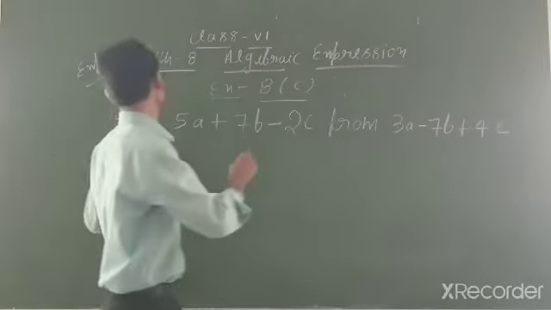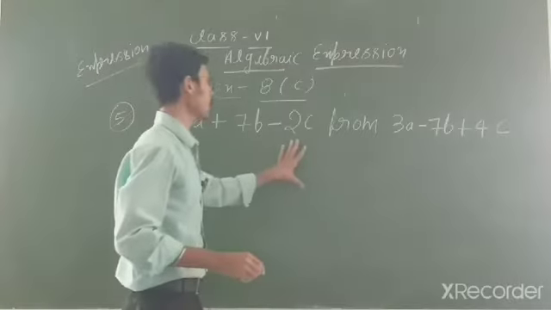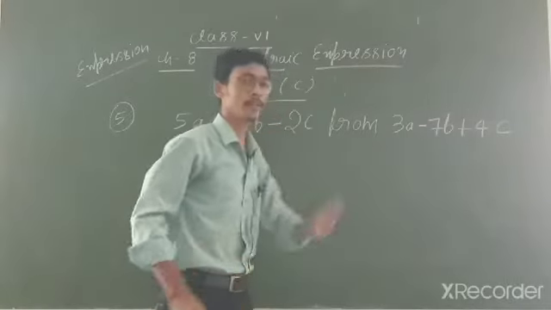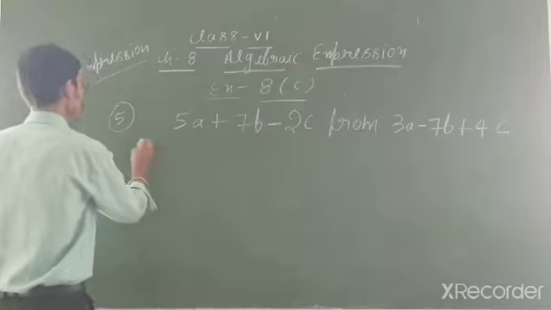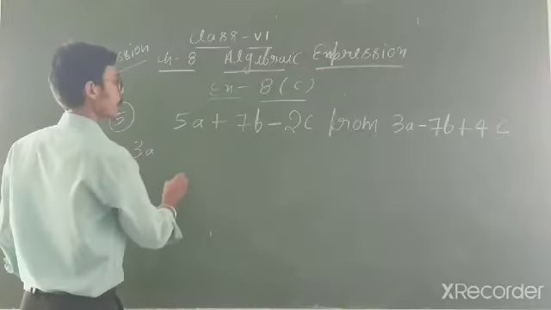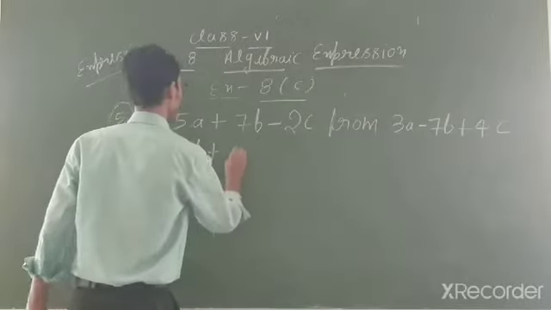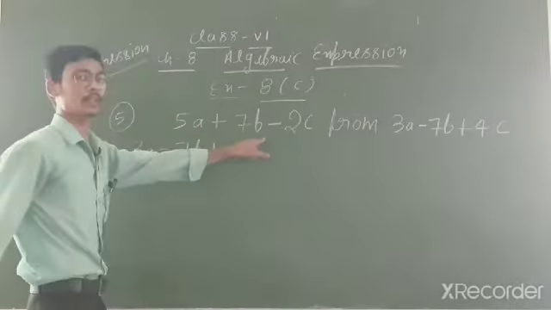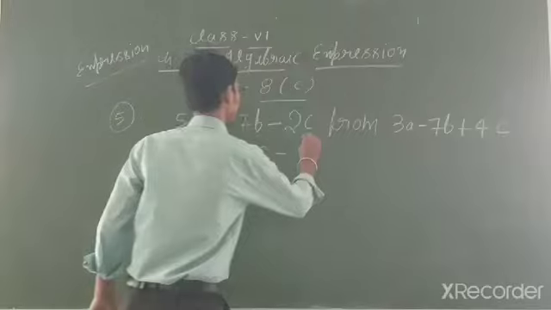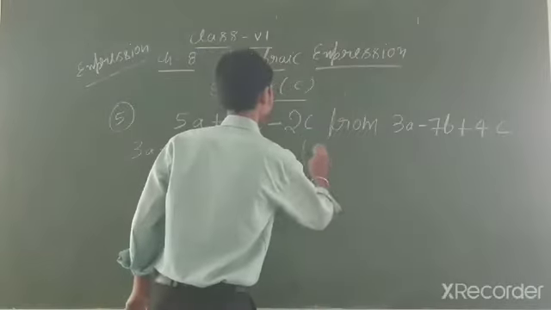Clear, student? What is given? Subtract 5a plus 7b minus 2c from 3a minus 7b plus 4c. So from is given, so first we will write down 3a minus 7b plus 4c. Clear? Now you have to subtract this one, so write down minus sign and take this one in bracket.